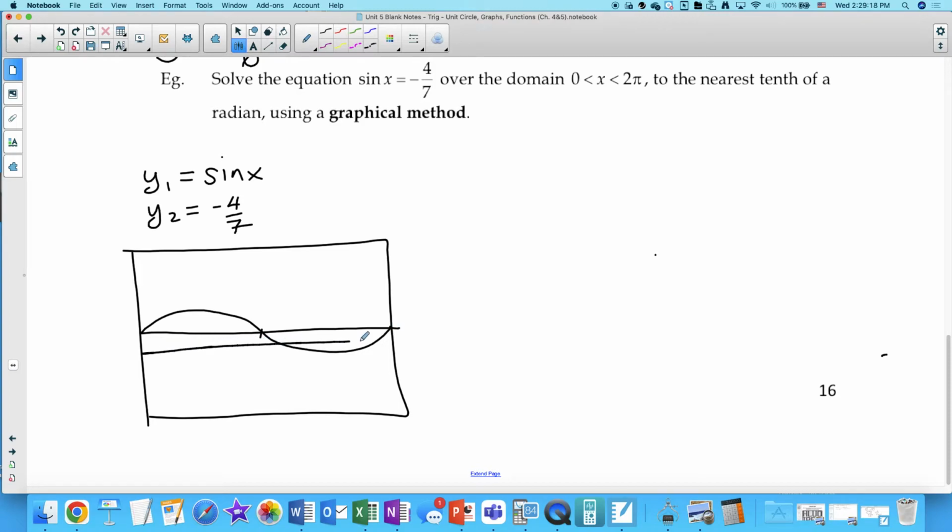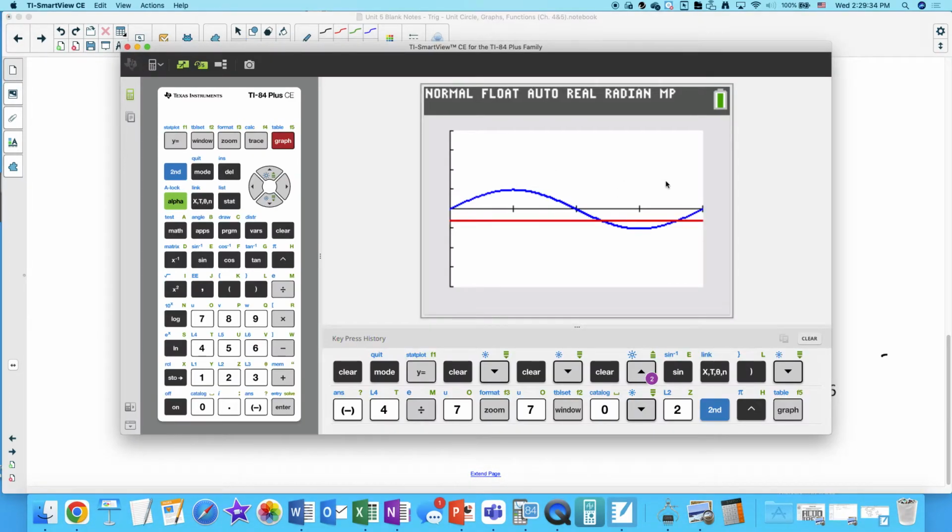For the domain, you just look at the positive x. That's like 0. So the positive x on the standard setting, and honestly, I can't always remember what the standard is for each calculator, but I was wrong. The standard is actually from negative 3 pi to 3 pi.